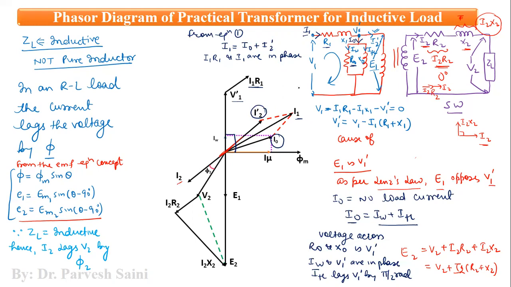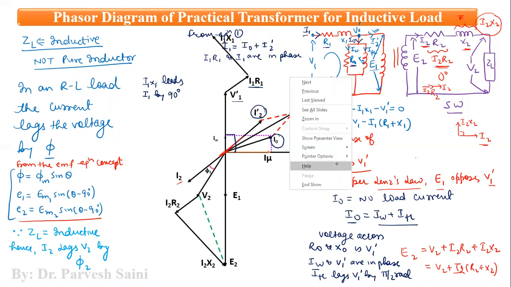Now, when this current I1 flows through X1, it will create a certain voltage drop across X1. So I1 X1 leads I1 by 90 degrees. Why? Because X1 is an inductor, and we all know that in an inductor the voltage leads the current by 90 degrees. So let us draw a perpendicular phasor which is I1 X1.